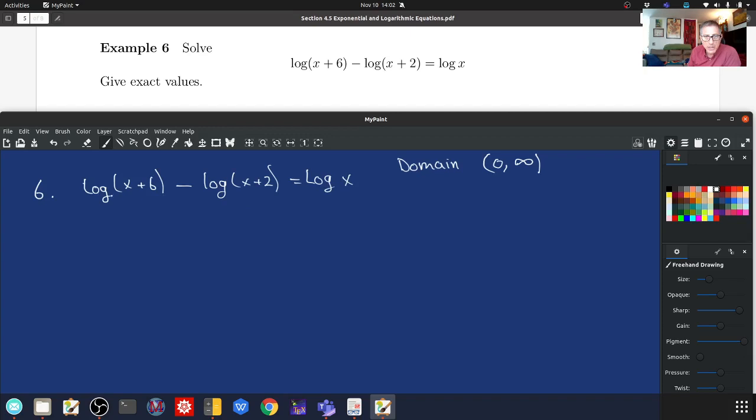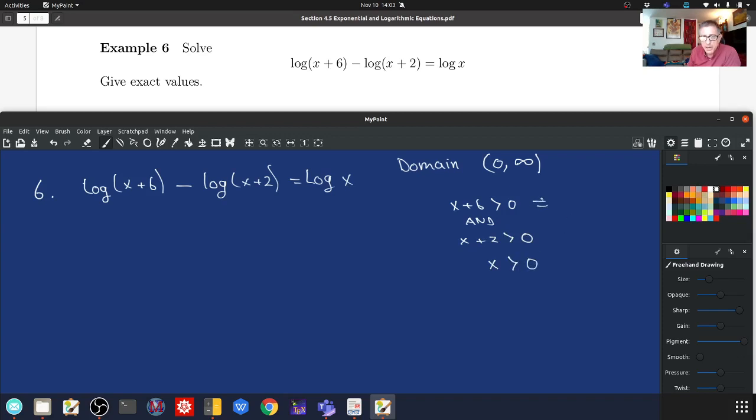So starting over here, that means x plus 6 has to be greater than 0. It means, here is the word and, x plus 2 has to be greater than 0. And here, x has to be greater than 0.